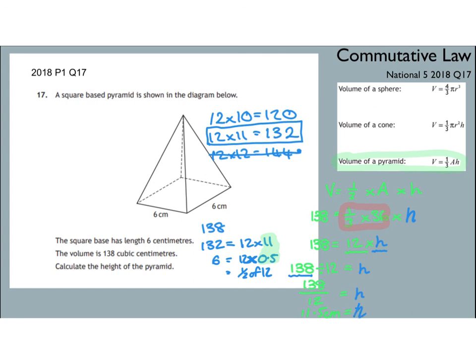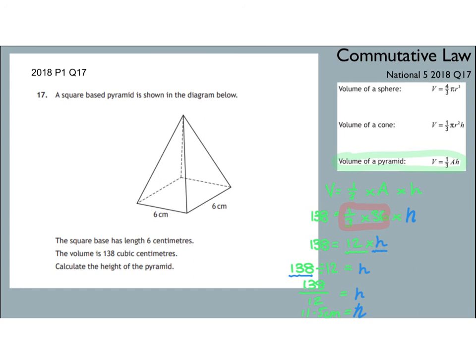I'm going to try doing that another way as well. This time, I'm going to use this bit here, 138 divided by 12, and I'll try and simplify it down a little bit. The first thing that I notice is that both the numbers there are multiples of 2.